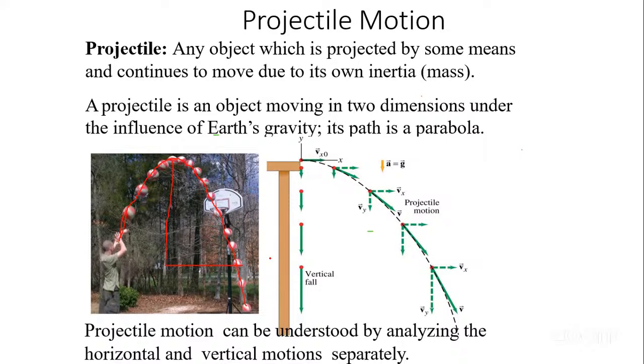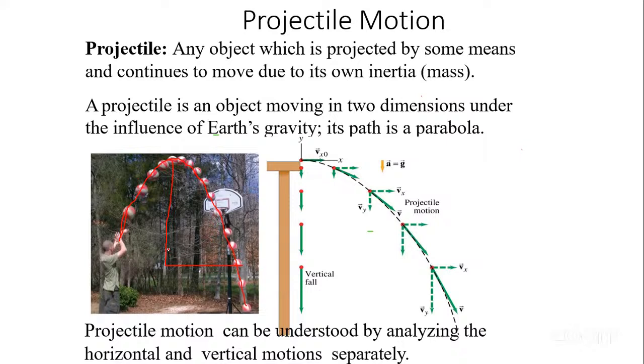You can't just say that the ball is going up. Yes, the ball is going up. And you can't just say the ball is going forward. No, that is not a good description of what is happening here. The ball is going up, at the same time it's moving away.